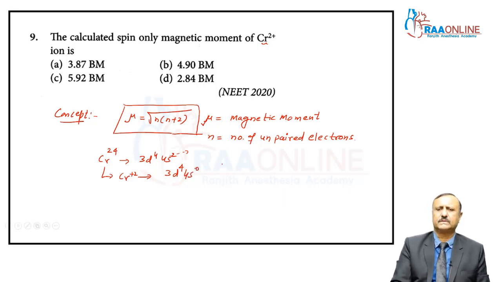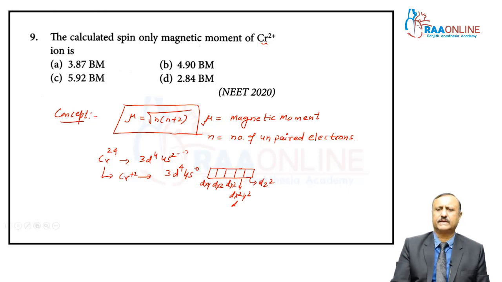Here, my dear students, d4 means when you fill the electrons in d orbitals, you can say 1, 2, 3, 4 and 5. The d orbitals are divided into 5 parts: dxy, dyz, dxz, dx square minus y square, and dz square.